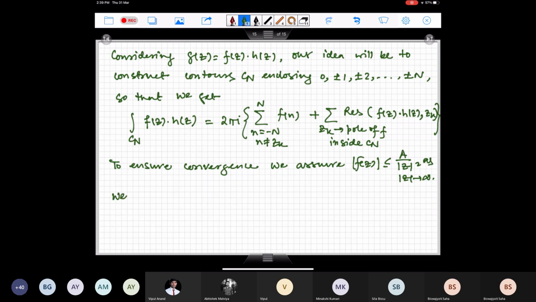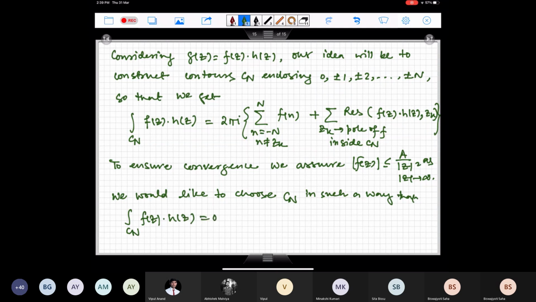So we would like to choose Cn in such a way that the integral over Cn of f(z) times h(z) goes to 0 as n tends to infinity.